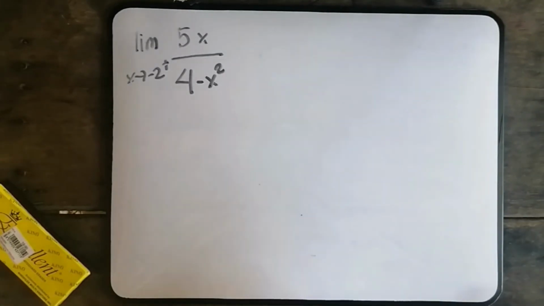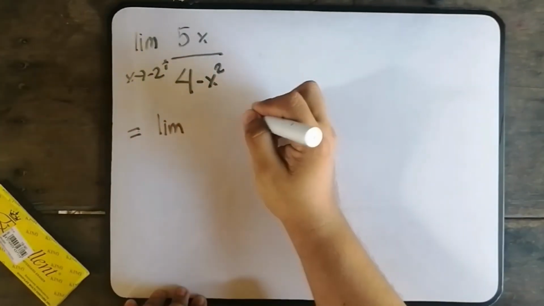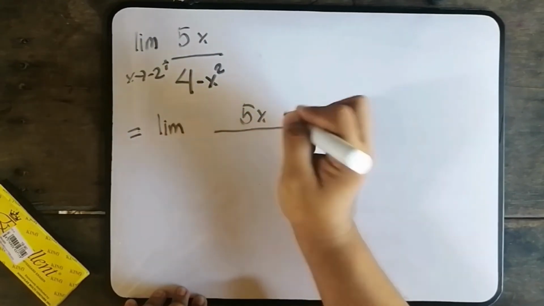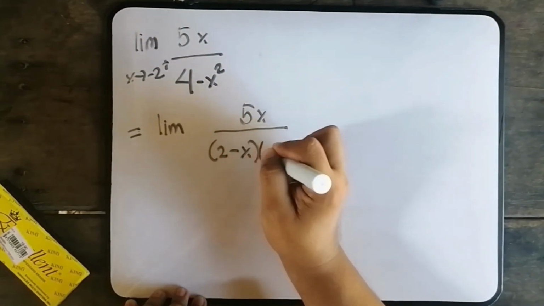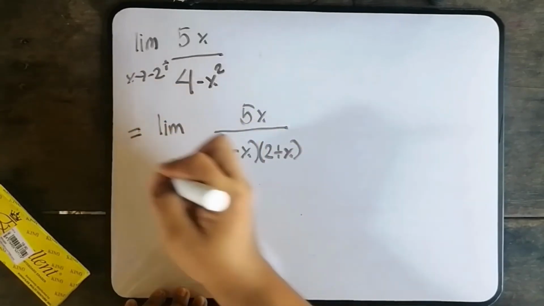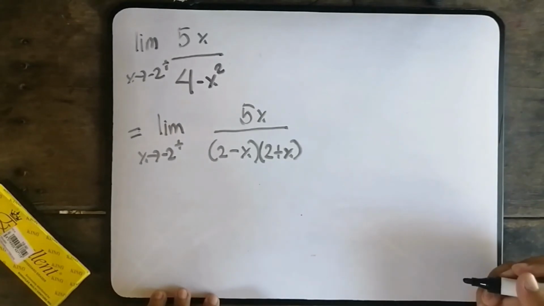Now, kunin naman natin yung limit ng function na ito if x approaches negative 2 from the right. So, again, we factor this out. We have the limit of 5x over 2 minus x times 2 plus x as x approaches negative 2 from the right.